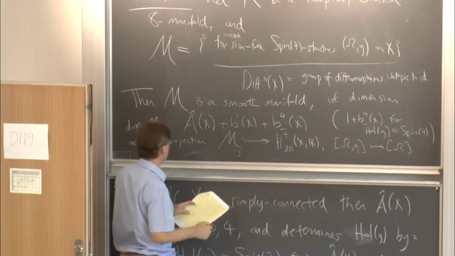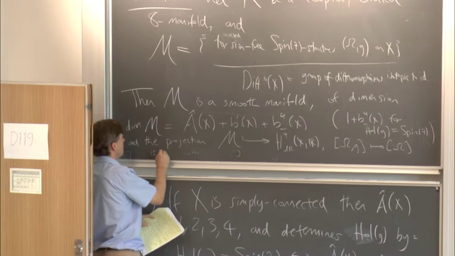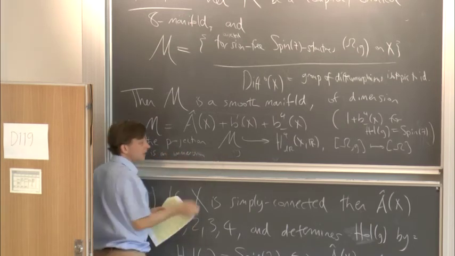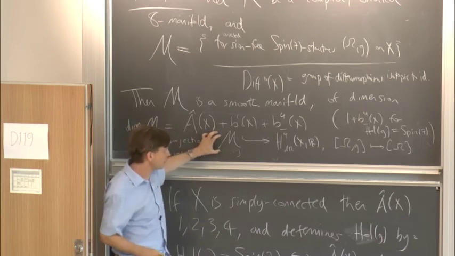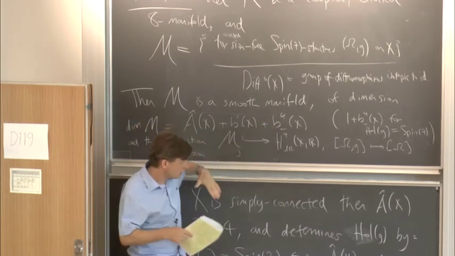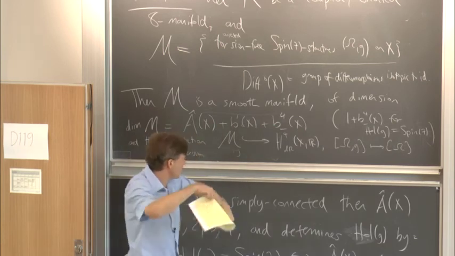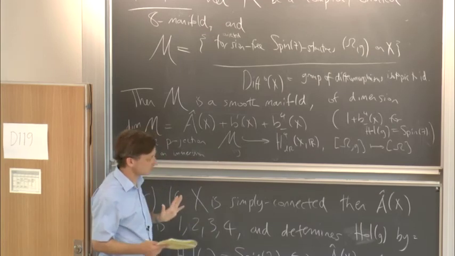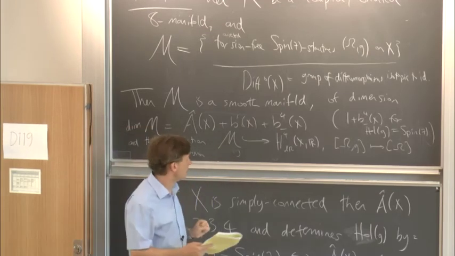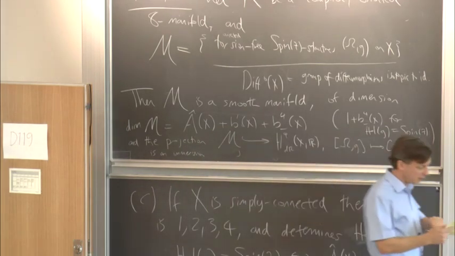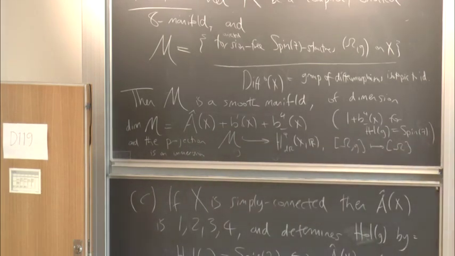This map is an immersion of manifolds. So roughly speaking, M embeds as a submanifold of H4, although you don't know whether it might cross itself at distant points. Okay, so therefore metrics with holonomy Spin(7) come in positive dimensional moduli spaces.